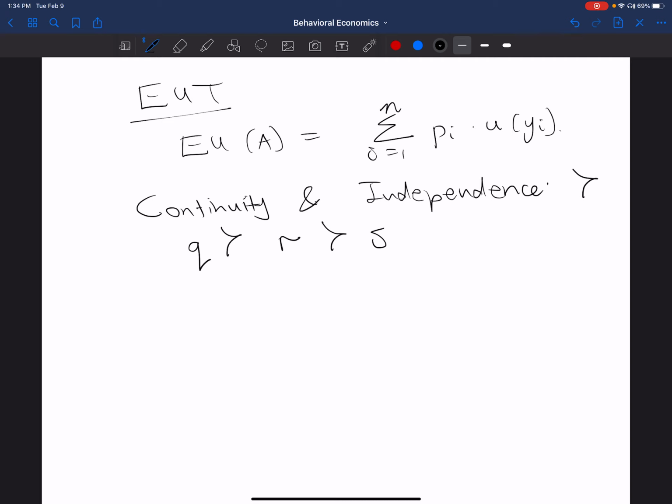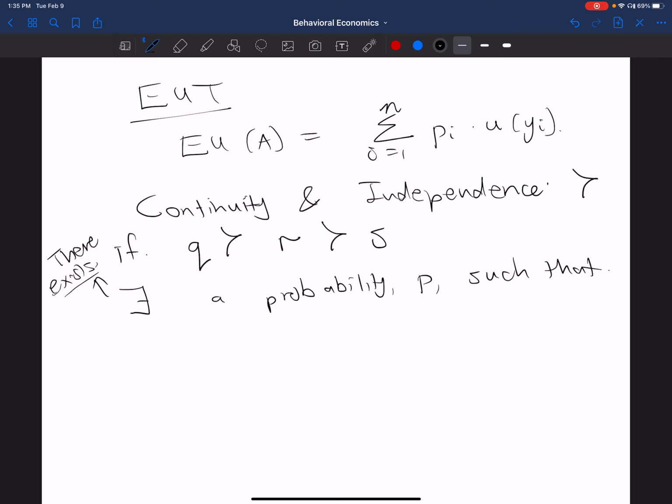And so what we say is that if Q is preferred to R and R is preferred to S, then there exists, so that's what that funny backwards E means, there exists a probability P such that the combination of Q with that probability and the outcome S with the complementary probability 1 minus P, those two as a contingent or as a prospect, must be preferred to R.